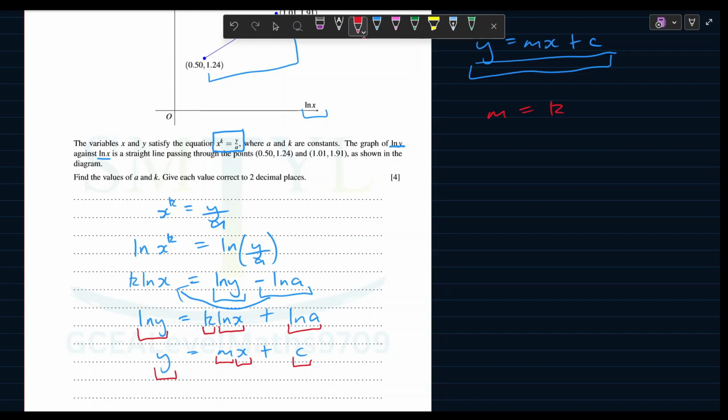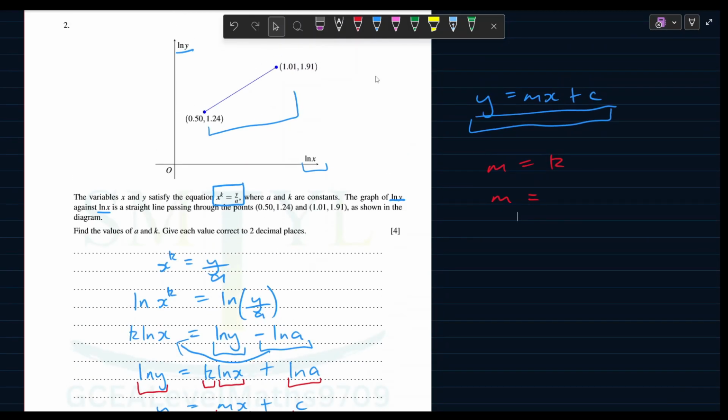So if we can find the gradient m, that gradient is going to be k. Since we have been given 2 points that lie on the line, we can use y2 minus y1 over x2 minus x1 to get our gradient.